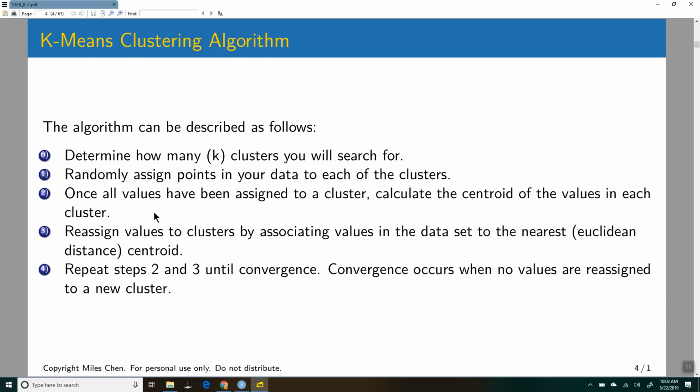Once all values have been assigned to a cluster, you calculate the centroids of the values in each cluster, and then you reassign values to clusters by associating values to the nearest centroid. Then you go back and forth: calculate new centroids, reassign values, calculate new centroids, reassign values, and you keep doing this until everything converges.